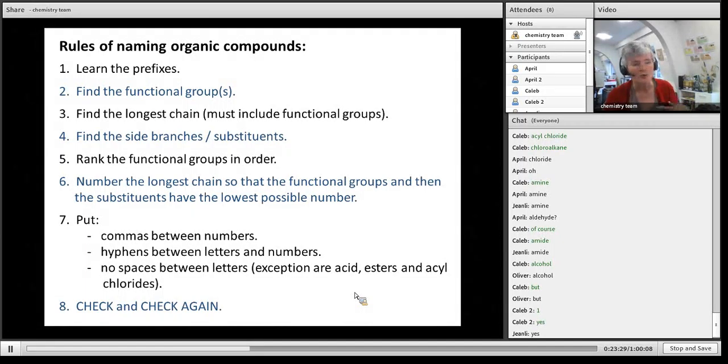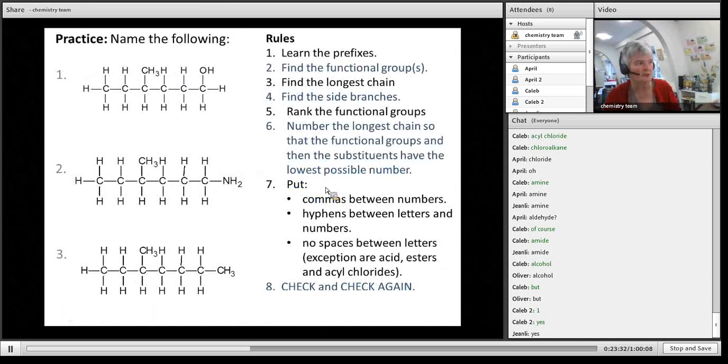So let's go through all these rules and we'll name these. So assuming we know the prefixes, what is the first thing we do? We look for the functional group. And what's the functional group? An alcohol. So it's going to end in ol. Okay? Then we look for the longest chain. Can you work out how many carbons are in the longest chain? 6, correct.